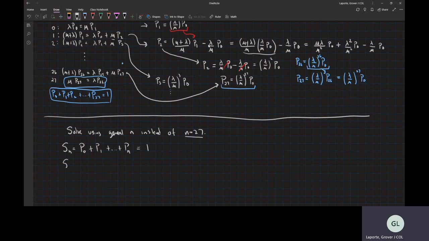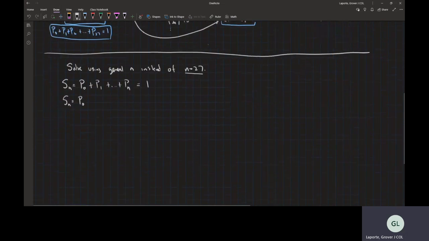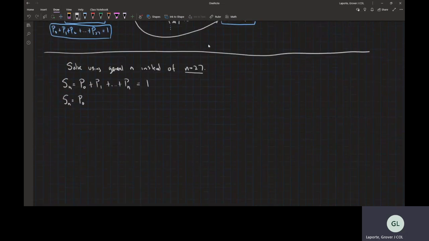So I'm going to set this Sn equal to, substituting in the information that we learned previously. If I want P1, then P1 is lambda over mu times P0. If I want P2, then it's lambda over mu squared times P0.